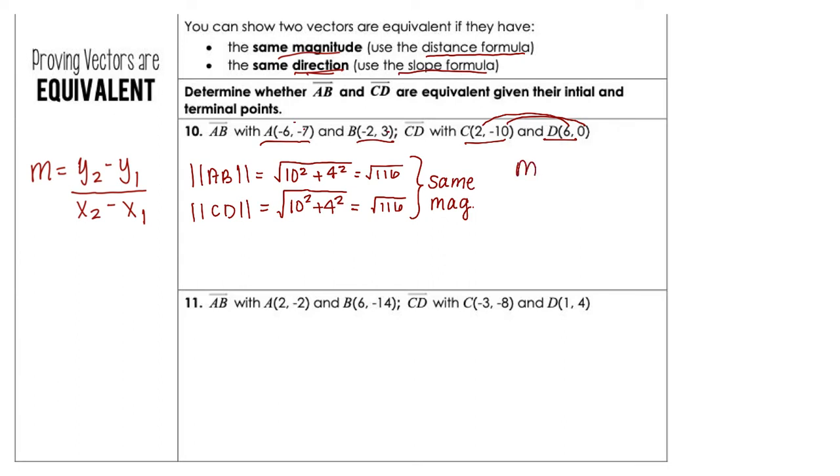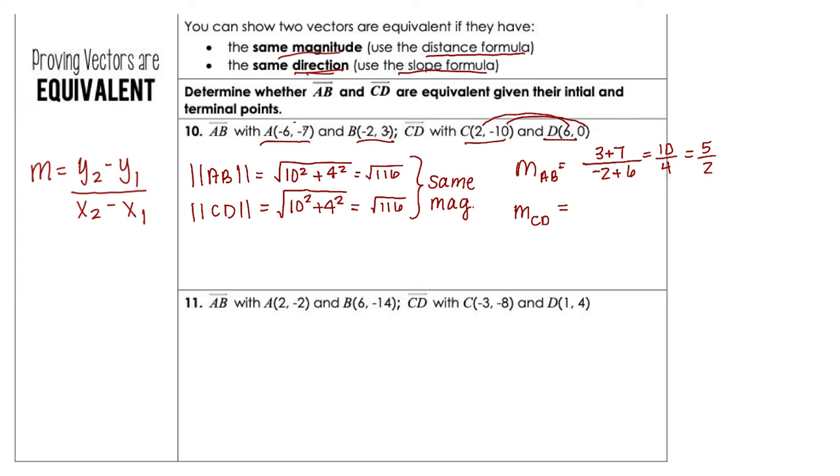But now we need to do our slope. So we're going to do our slope of AB. So we're going to say 3 minus negative 7. So 3 plus 7 over negative 2 minus negative 6. So negative 2 plus 6. So we're going to get 10 over 4, which is 5/2. And then we're going to do the slope of CD. It looks like we might get the same thing, doesn't it?